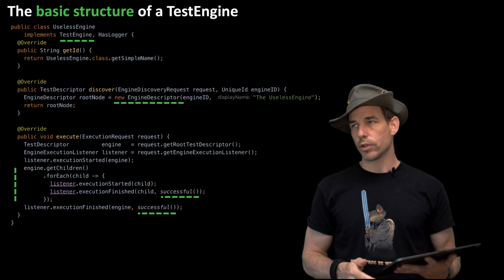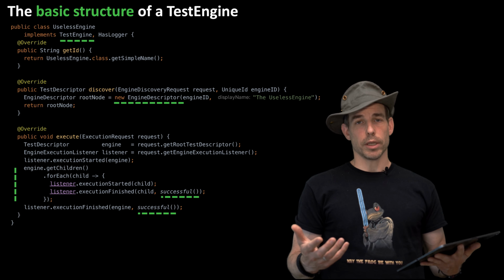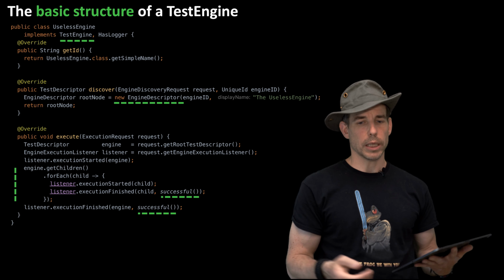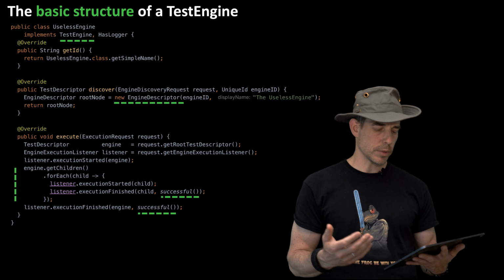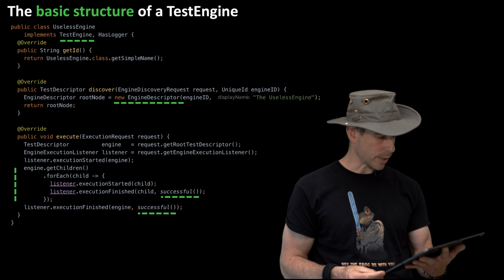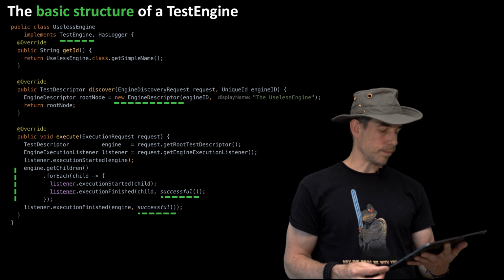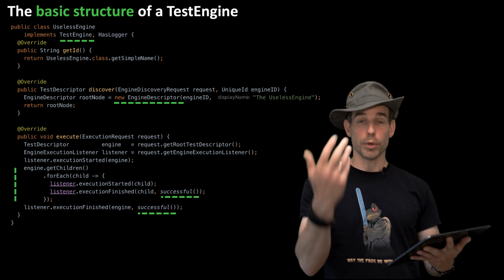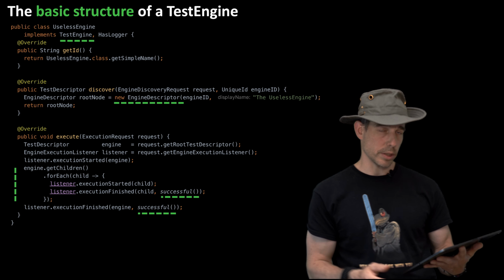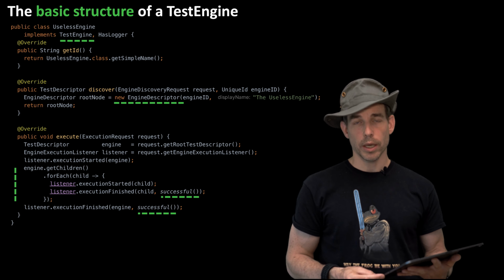This display name is just a logical name that you will see inside the log files or on command line output and all this stuff. Just make sure that there's a nice name someone can understand. Then we have the root node. This is the return type from the discovery method, to identify what is a whole test plan. And then we have the execution itself, and this is all.